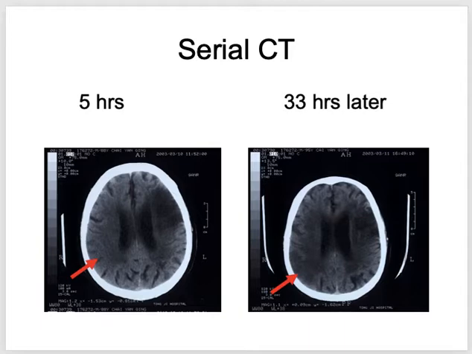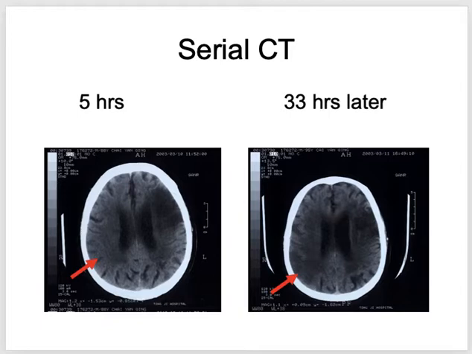There are many complications which can occur. For example, seizures can occur, and most of the time it is in hemorrhagic stroke. And of course, there is a lot of differential diagnosis of stroke as well, because there are many things which mimic stroke.